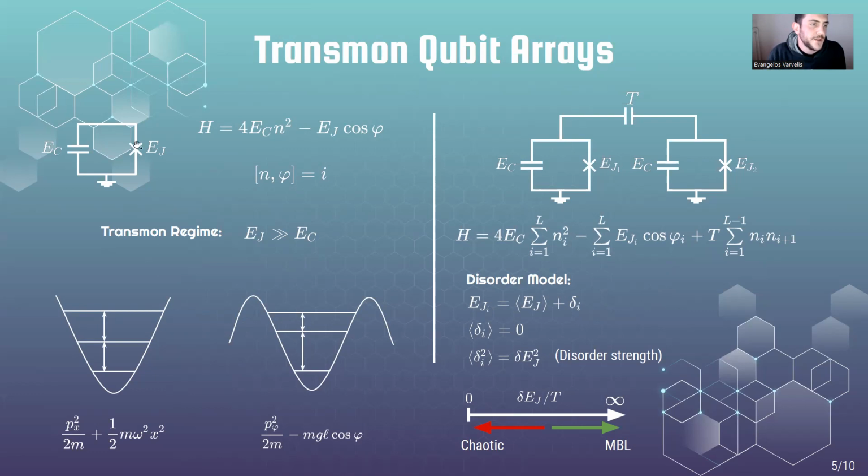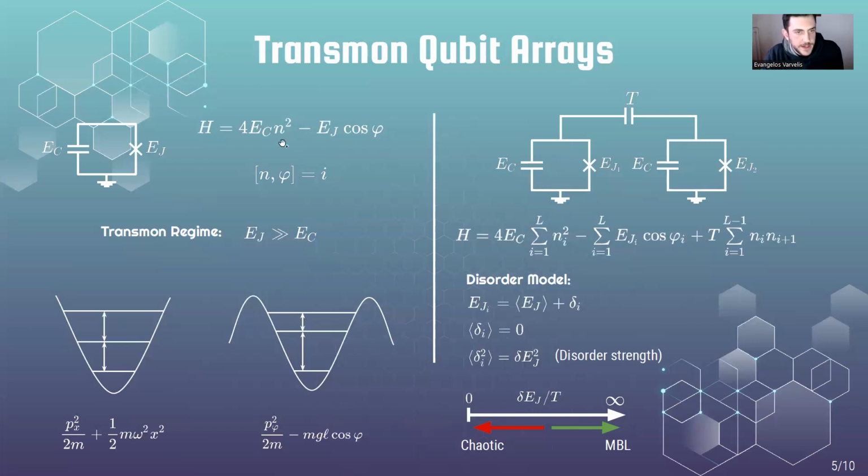We have a superconducting qubit, which looks like this. Basically, it's a capacitor connected to a superconducting Josephson junction. And the Hamiltonian describing it looks like this: one term describing the energy of the capacitor in terms of the Cooper pair charge, and one describing the energy of the Josephson junction in terms of the superconducting phase.